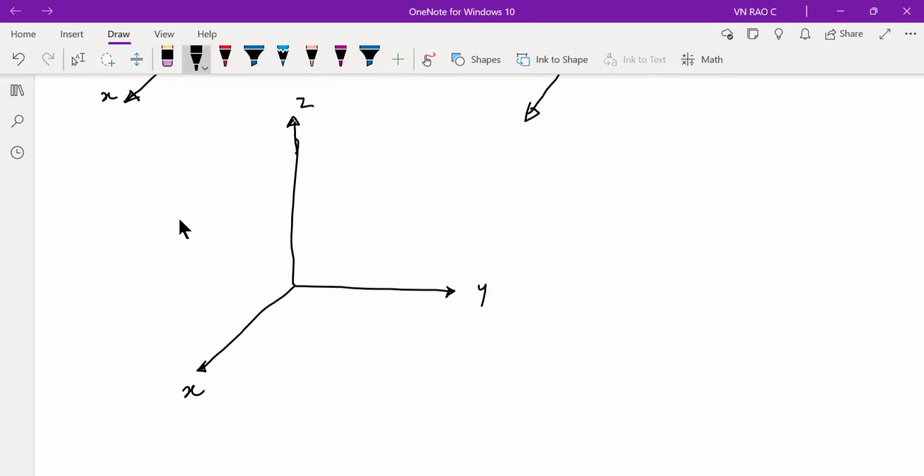Z, y, and x. So initially, what we try to do is that we make a shell, the top of the cylinder. We'll draw like this. Okay, so symmetry. This is one.